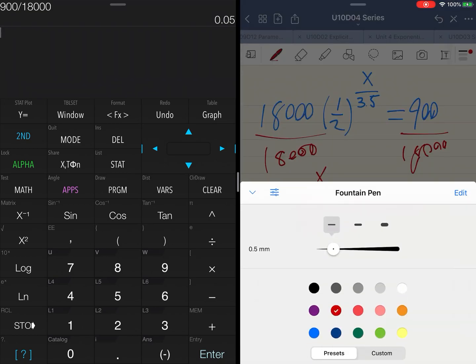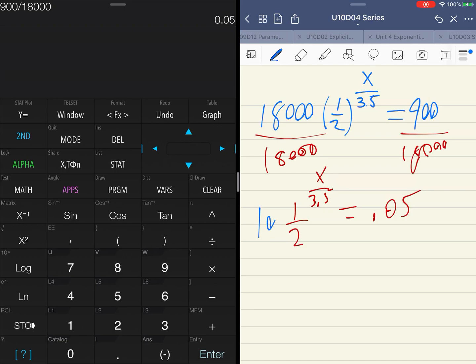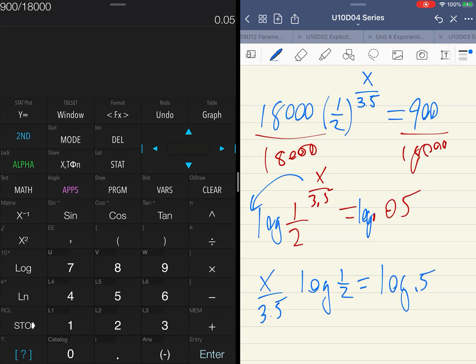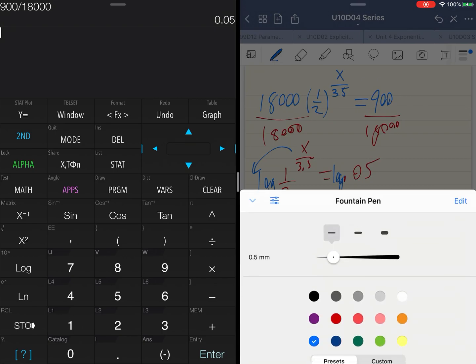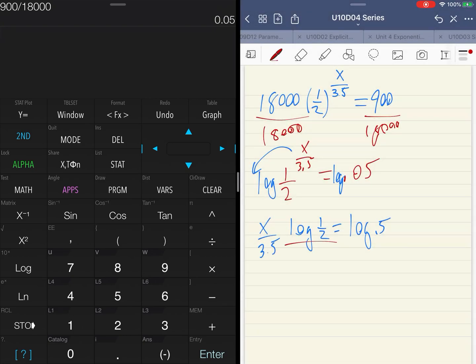So I'm going to put a log on both sides, like we did in the previous assignment. I'm going to put log here, log here, and then bring down the exponent, so it becomes x over 3.5 times log of 1/2 equals log of 0.05. Next, I'm going to divide both sides by log of 1/2.